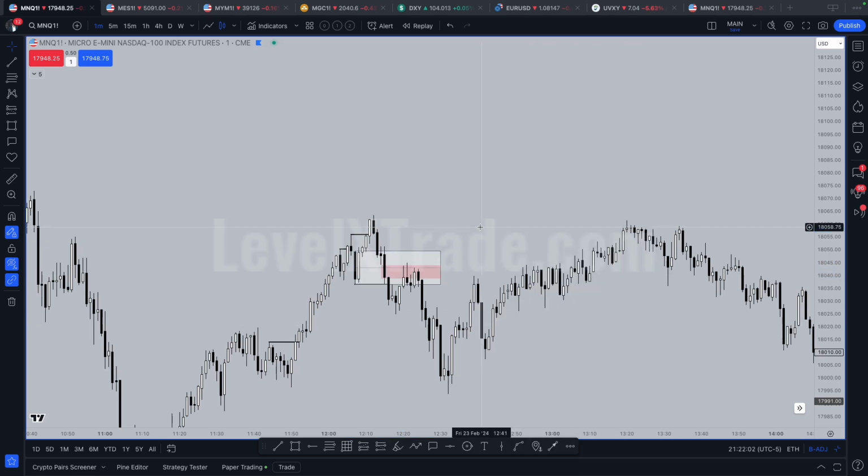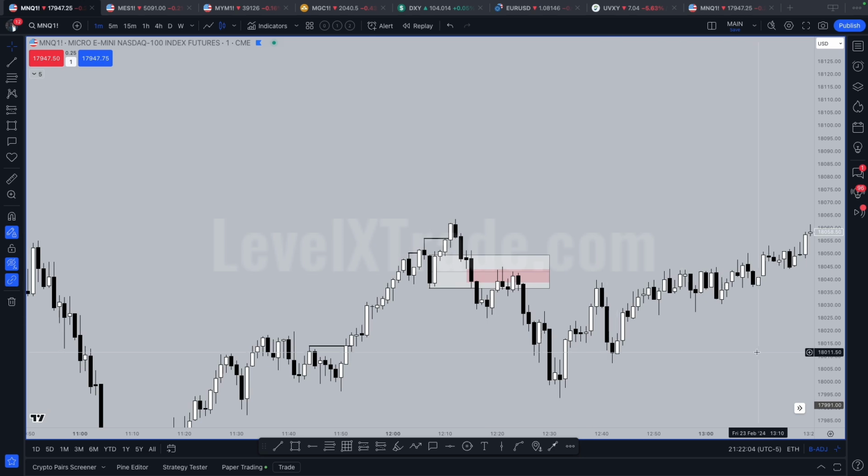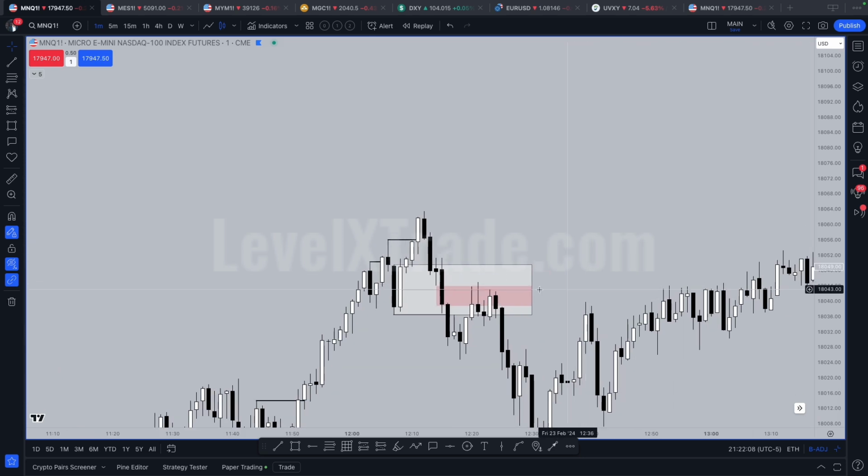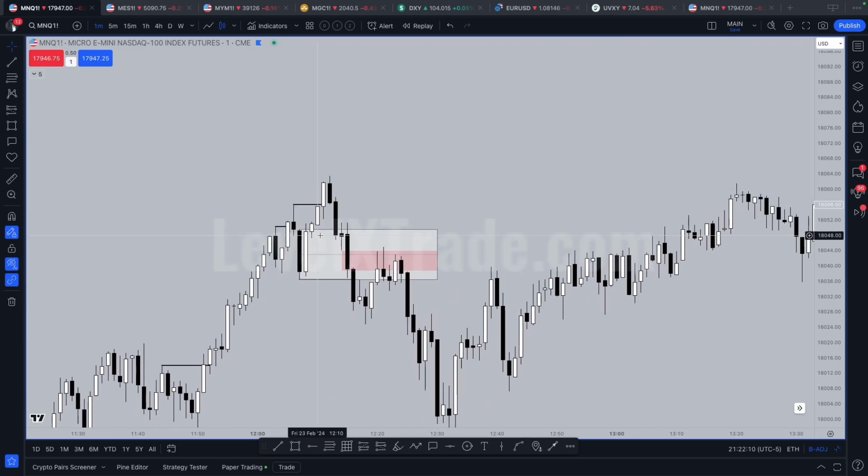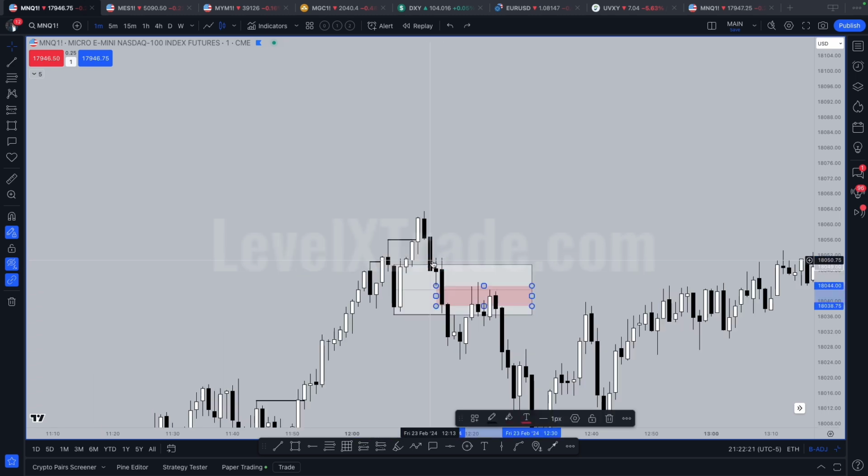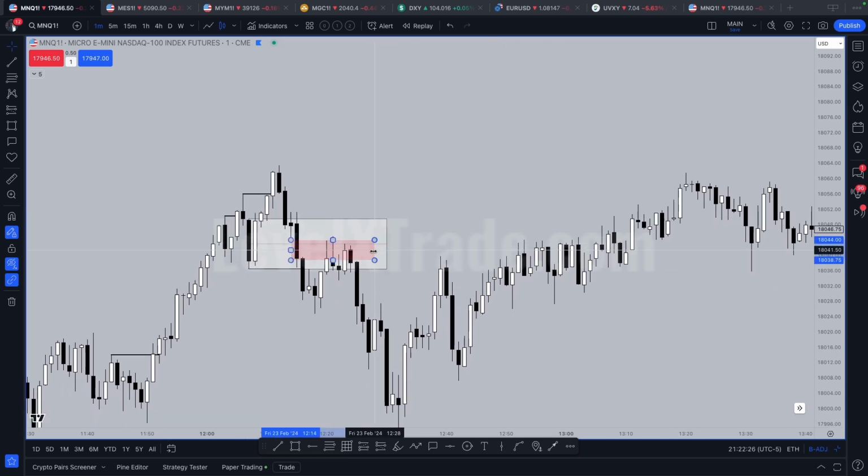There you go. All right, so now you can see that you have a break to the upside, the breaker block built, and then the middle of it, you don't see any candles closing with the body above the 50% of that order block. Plus you have the fair value gap that gives us even more strength to that area.